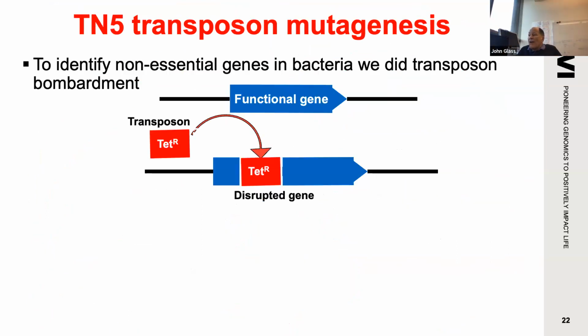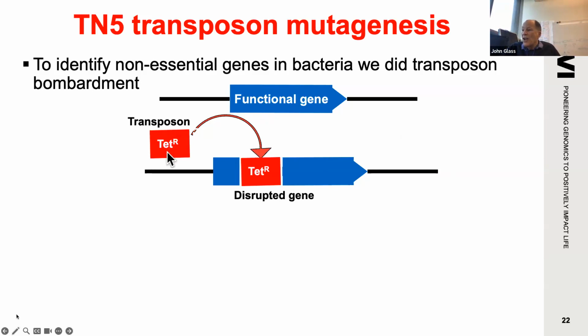So how do you figure out which genes in a cell are essential and which aren't? Well, first, basic biological knowledge tells you a lot. We know that cells have to have ribosomes and ribosomal RNA. But in 1999, Clyde Hutchison invented a procedure called global transposon bombardment. Transposons are jumping genes, and here you have a transposon that expresses an antibiotic resistance marker.